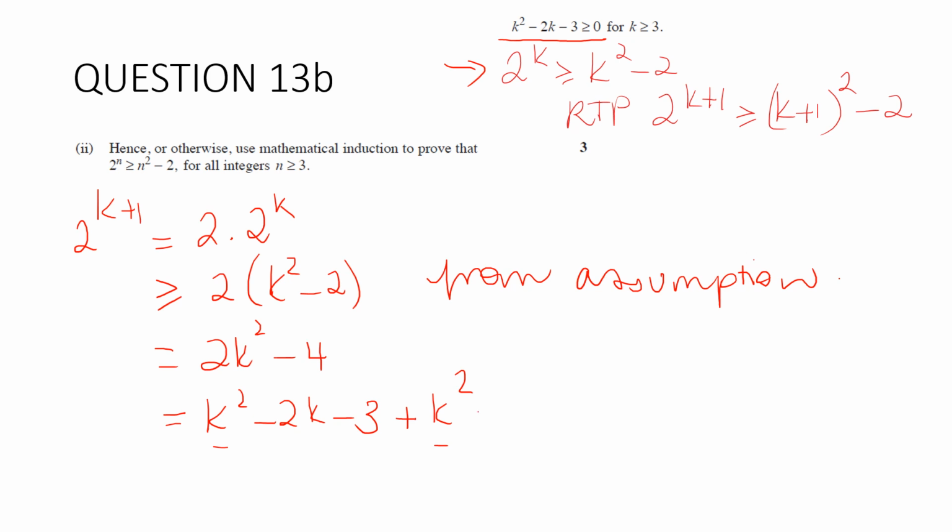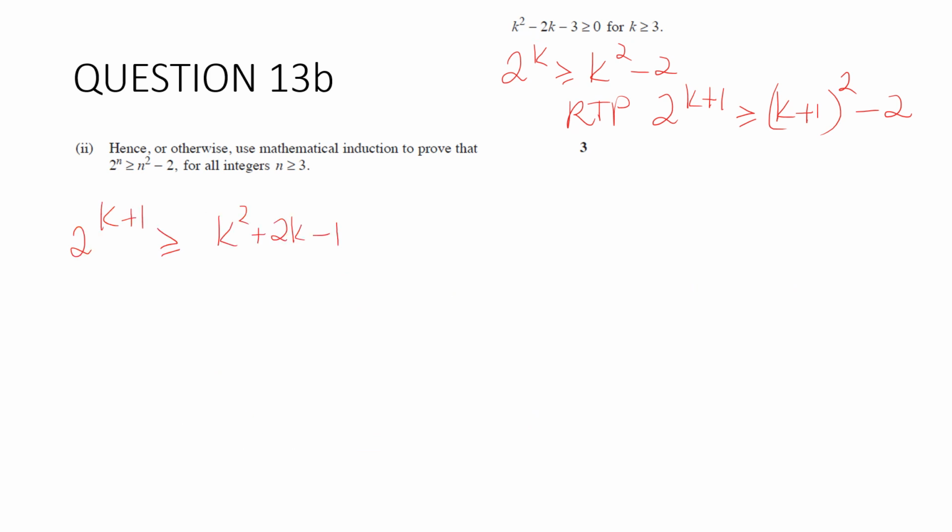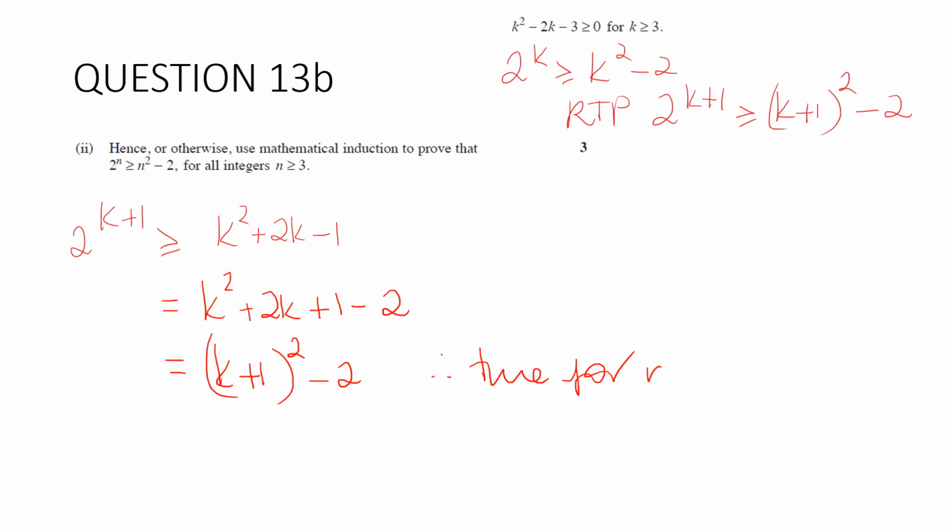plus 2k minus 1. Now we know that this part here is greater than or equal to 0, so it is greater than or equal to 0 plus k squared plus 2k minus 1, which is equal to k squared plus 2k plus 1 minus 2, which is equal to k plus 1 all squared minus 2, therefore true for n equals k plus 1.